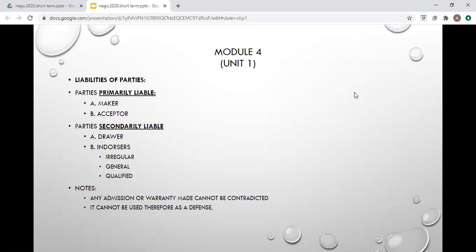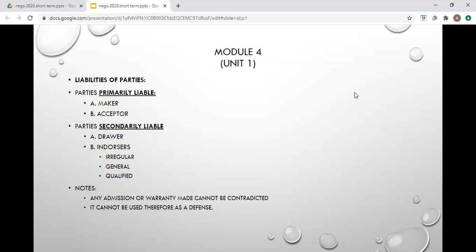If you are an acceptor, the moment you have accepted that order of the drawer to pay, the liability has already commenced. No additional act is necessary or required to be undertaken in order to hold you liable in your instrument.